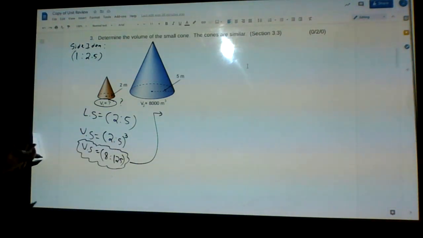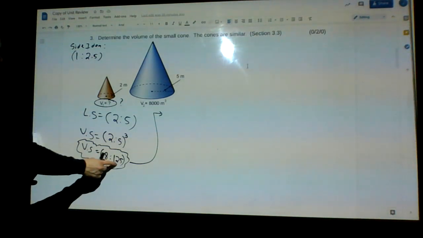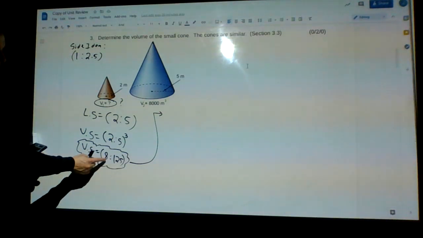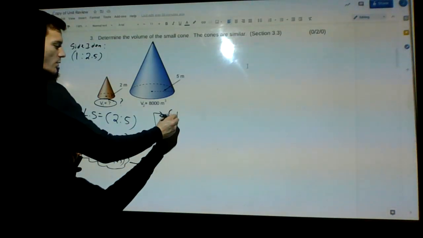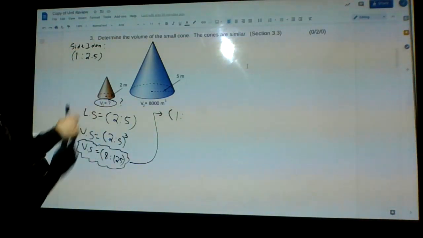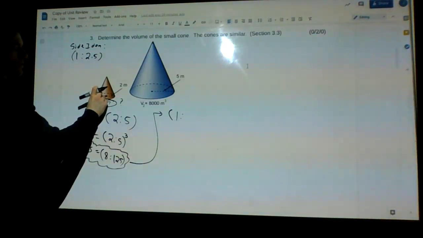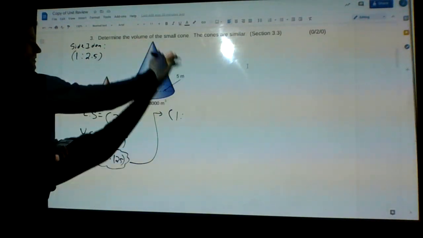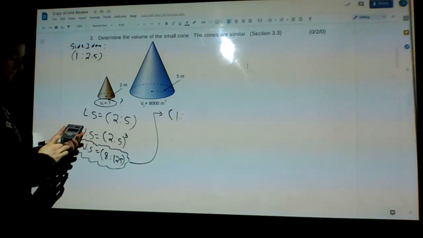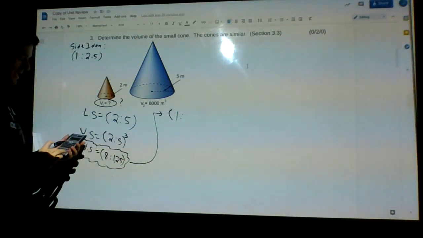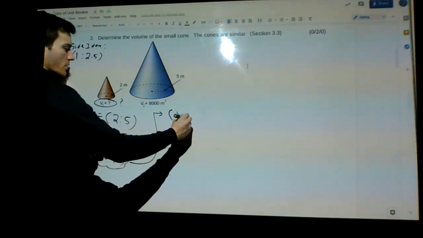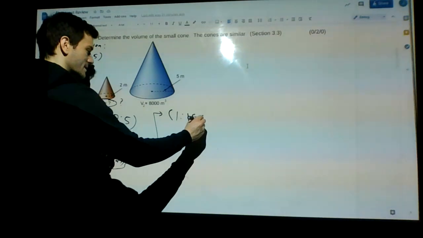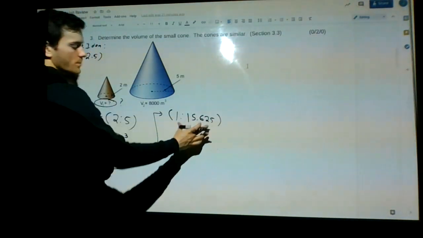But I don't like having an 8 to 125. I want to think about what just 1 cubic meter over here would be equal to. If I just had 1 cubic meter here, how many cubic meters does that equal over here? I'm going to take my 125 and divide it by 8 to figure out what just 1 would be. So 1 cubic meter over here results in 15.625 cubic meters on this side.